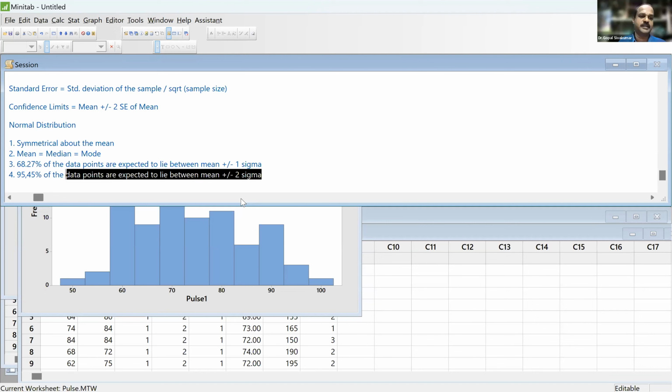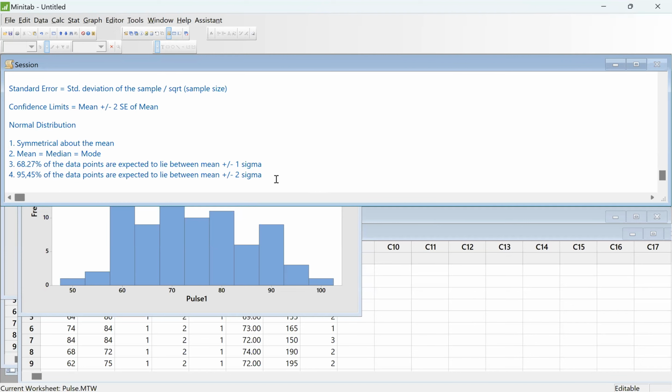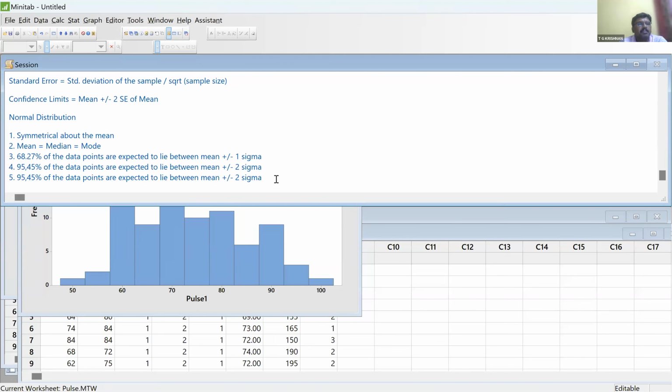Now the third point. What is that? 99.73. Very good. 99.73% of the data points are expected to lie between mean plus or minus 3 sigma. See here, I said data points, isn't it?